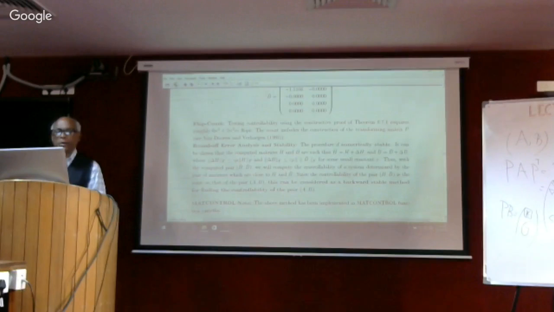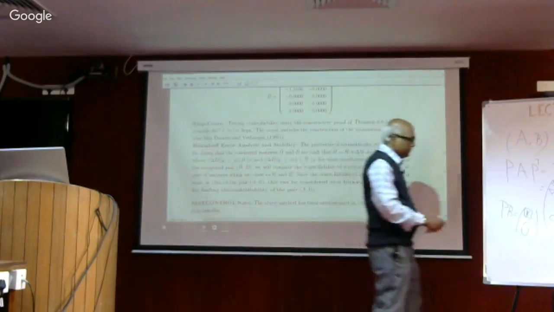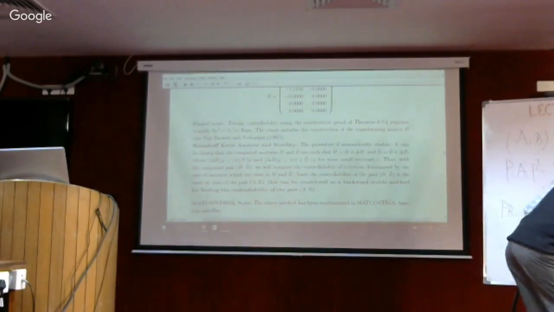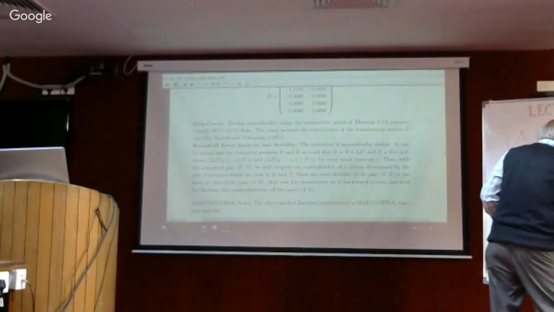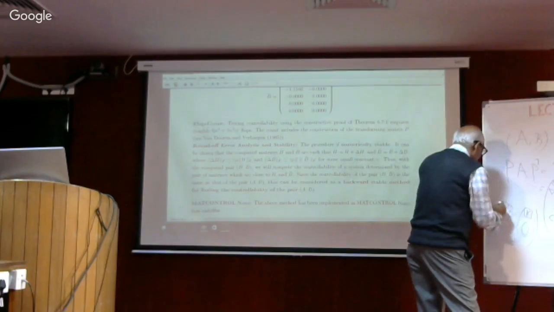And if you want to know about the algorithm, I didn't show you the algorithm; it is kind of complicated. The algorithm constructs this form. By the way, this form is called the controller Hessenberg form. We transform the pair to this form, where this is H and this is called B prime.